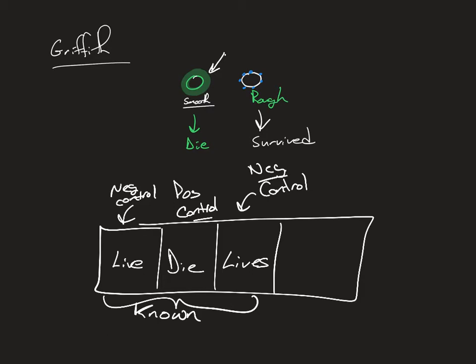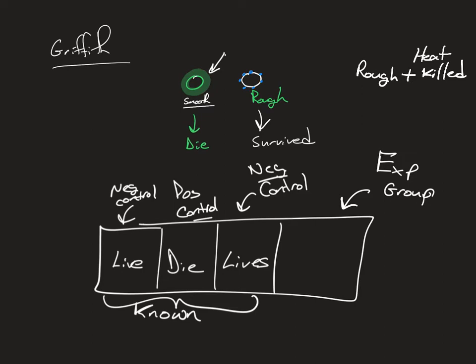The one that we did not know, the experimental group, was this last one, right? And then what they did is they took the heat killed, so they're killed, and they mixed them with the rough. Now the rough does not kill, right?